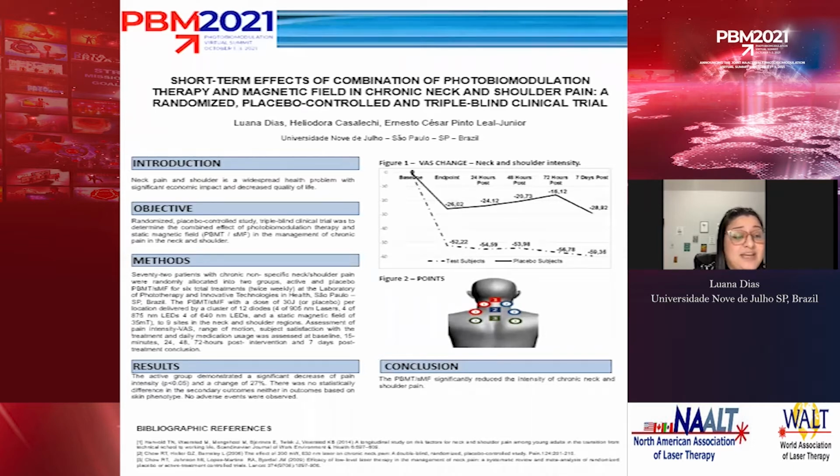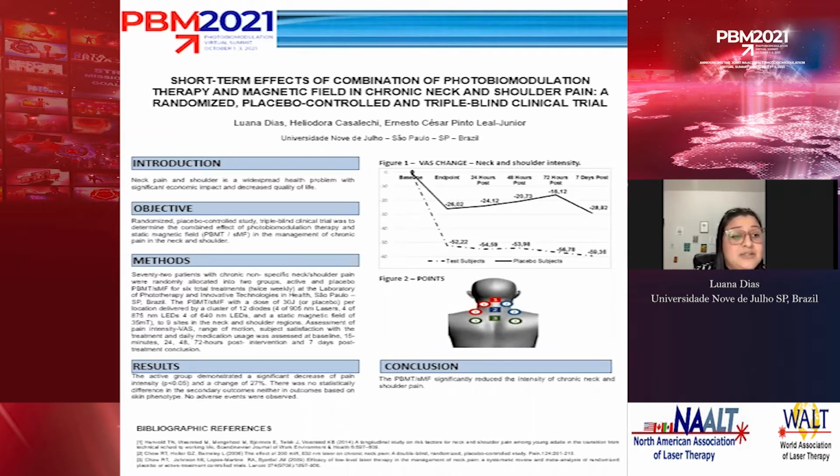Pain intensity by VAS, range of motion, satisfaction with the treatment, and daily medication use were assessed at baseline, 15 minutes, 24, 48, and 72 hours post-intervention, and 7 days post-treatment conclusion.